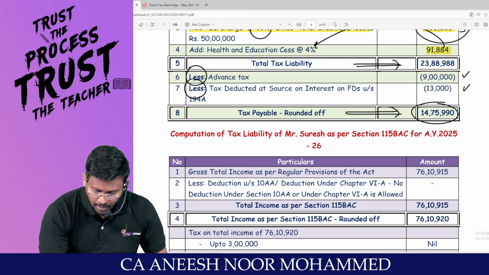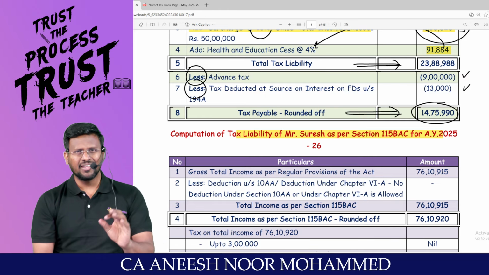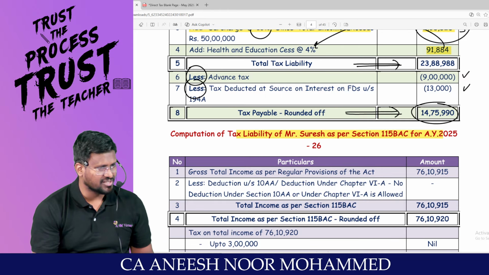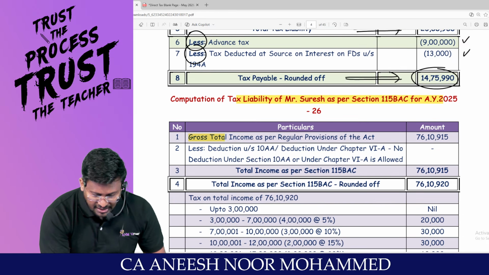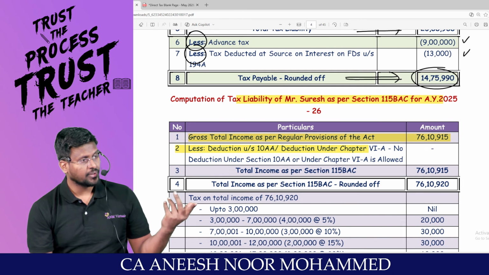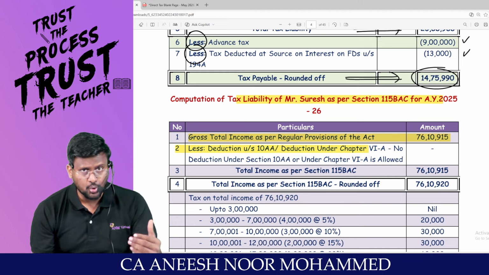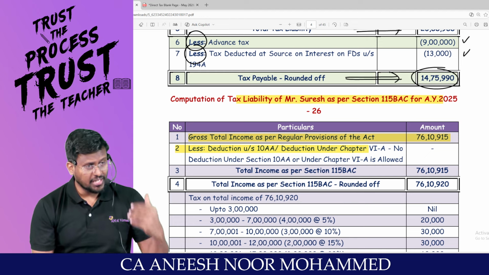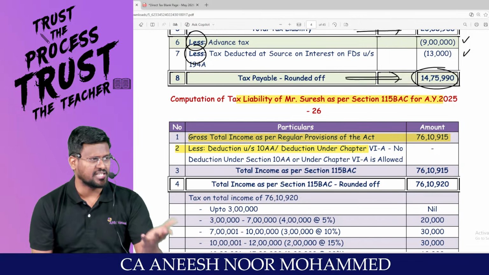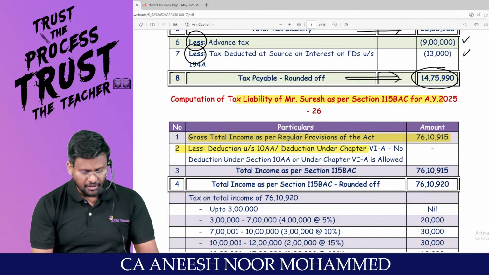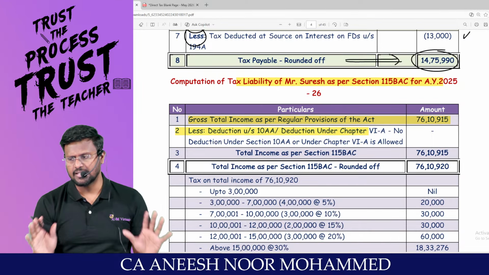The same computation, but under the default tax regime, Chapter 6A deduction is not allowed. So I will be starting with the gross total income, not the total income, because total income is after Chapter 6A deduction. Under the default tax regime, no Chapter 6A is allowed.